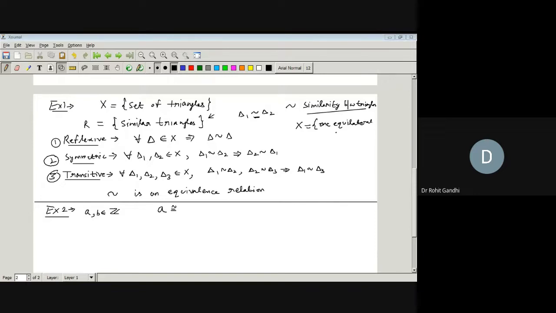And having side 3 centimeter each. So this set contains only one triangle, that is a singleton set. The relation is similarity between the triangles. So whether this relation is an equivalence relation on this set or not.